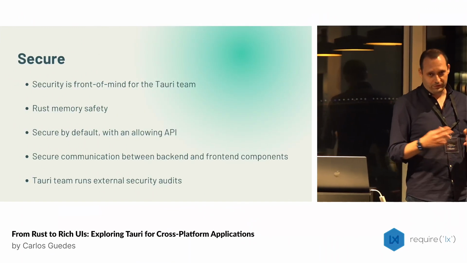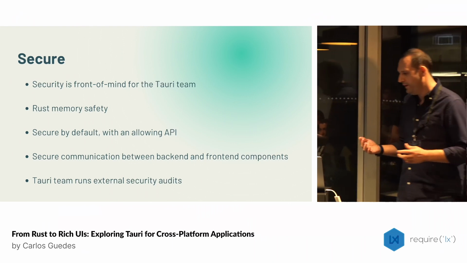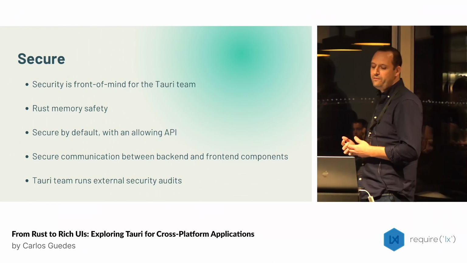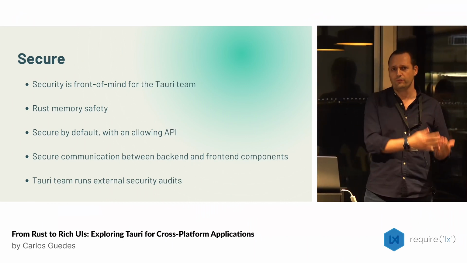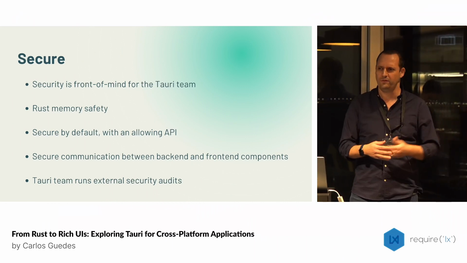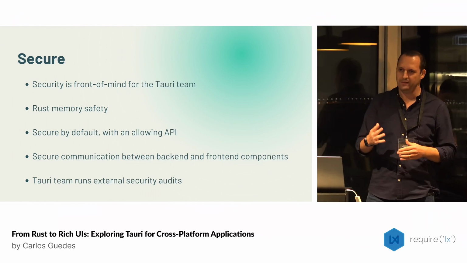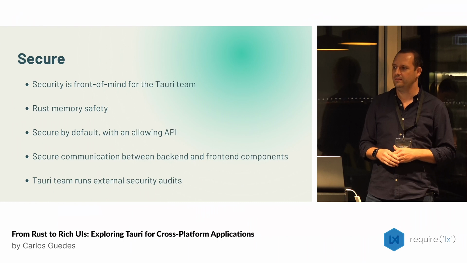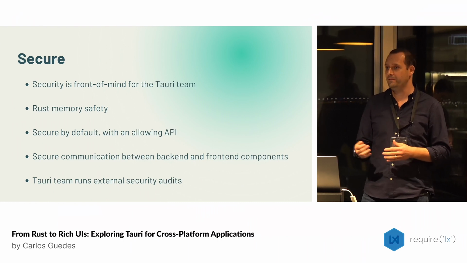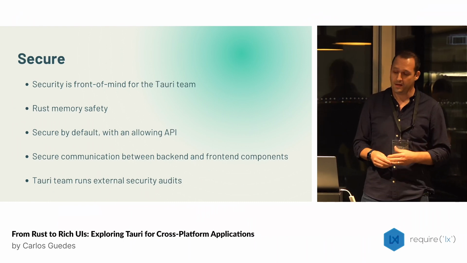Security, it's always important, right? It's everywhere, and this is front of mind for the Tauri team. They do use Rust, and Rust has, as we saw, safe threading, memory allocation, sharing data, etc. It's safe by design, I would say.